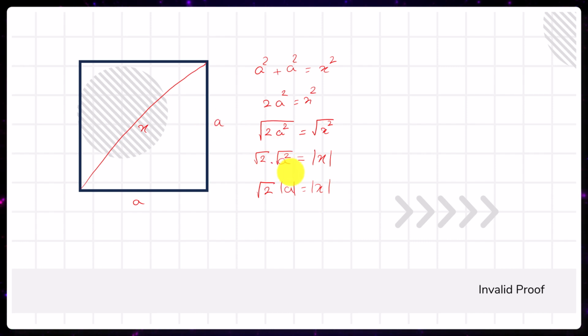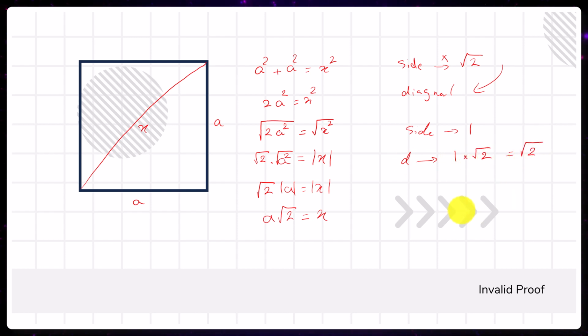A is a positive number, so its absolute value is equal to itself. So we will have a times square root of 2 equals x. So whenever you have a square and you know the length of its side, to calculate the diagonal you only need to multiply the side by square root of 2 and you will get the diagonal. And here in this question, the side of the square is 1, so the diagonal would be 1 times square root of 2, which gives us again square root of 2.